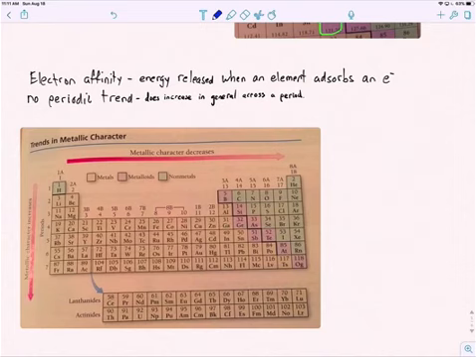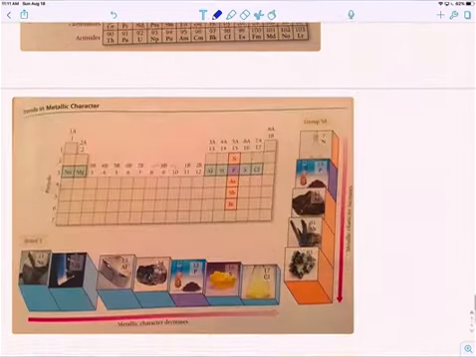Some do and some don't. It's not a smooth trend. Size and first ionization energy tend to be very smooth trends, but electron affinity, not really at all. But it's in the book, I'll tell you.